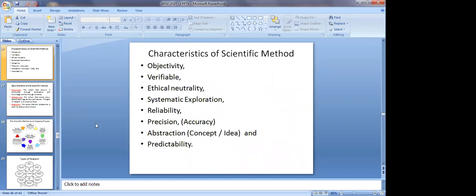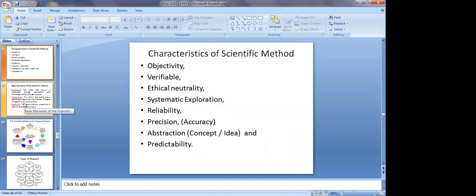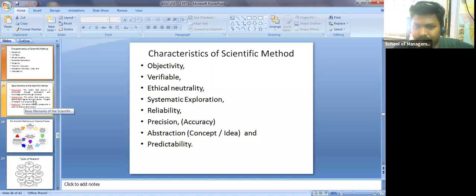Occurring of events through laws and causes. Laws or causes. Causes. Okay. What is skepticism? It is a proportion to be open to analyze and critique. Critic.